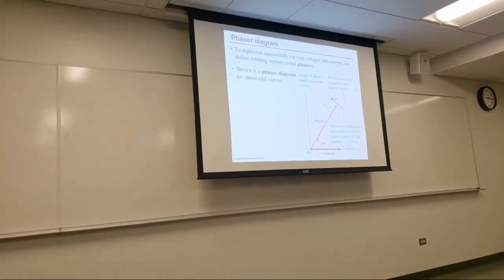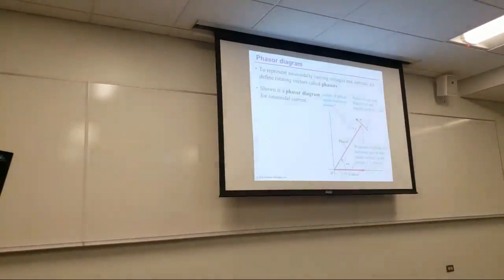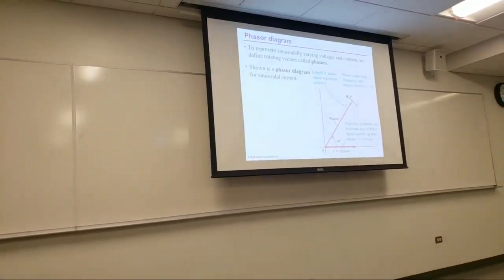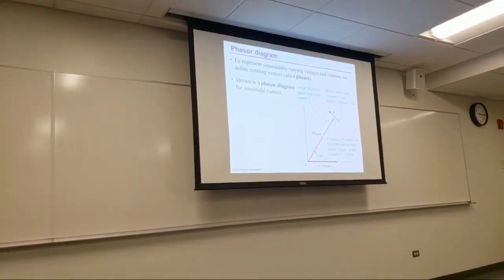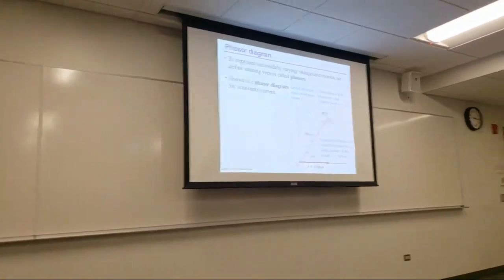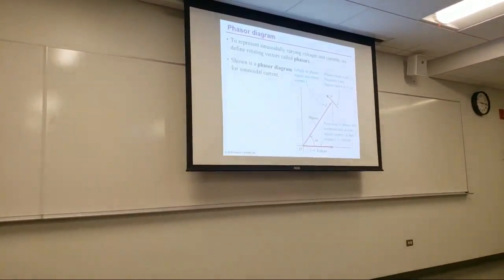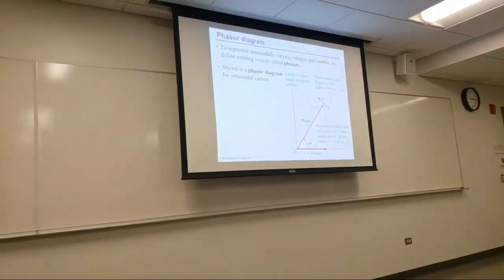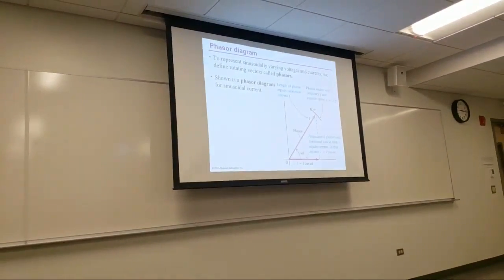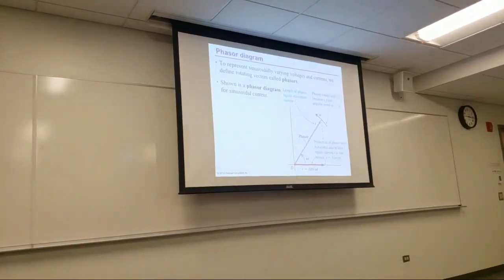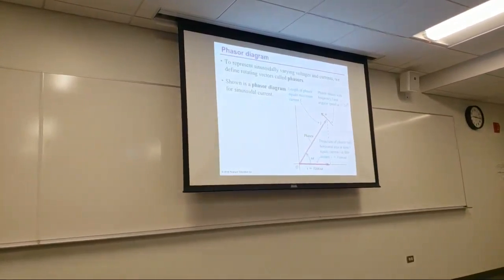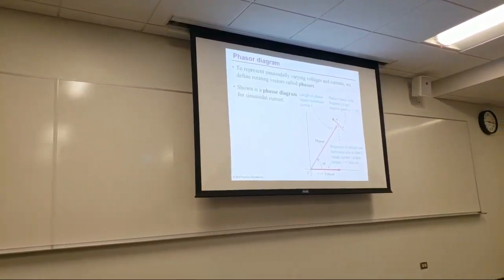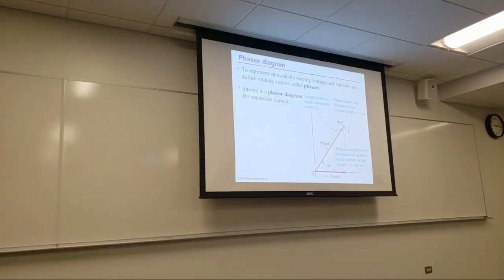But ultimately, the real solution to the circuit is given by the projection onto the real axis, the x-axis. The characteristic of these phasor vectors is that they maintain their length. Their length is fixed. They're rotating at a certain frequency, omega, and at any instant t, I project this vector onto the x-axis and I get the real solution.